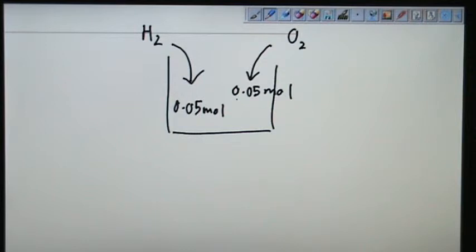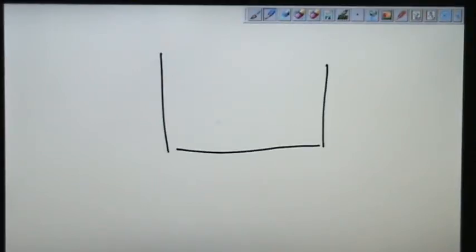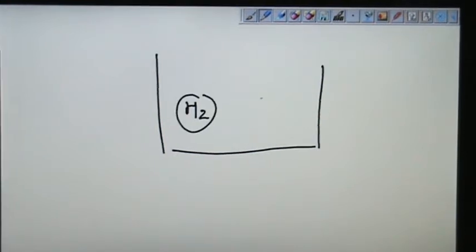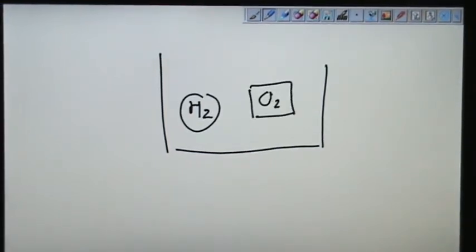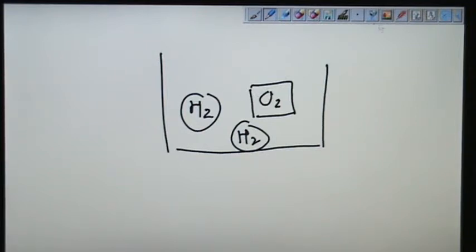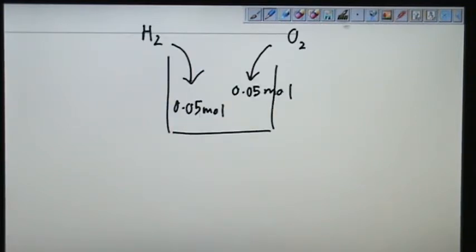Now the question is, what is the total number of molecules in the container? Right? The container will have a lot of this, right? There will be a lot of them, but we need to count them one by one. Again, we use blue to talk about this, right?